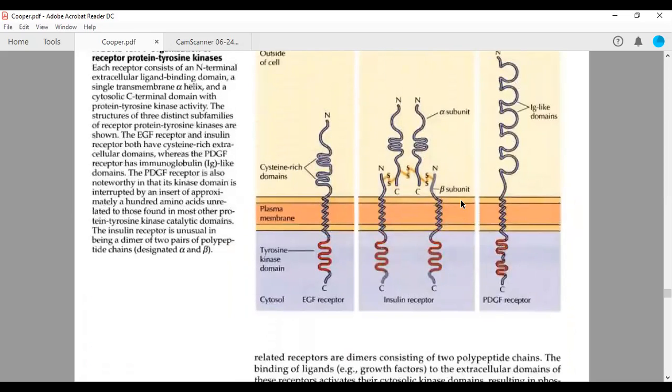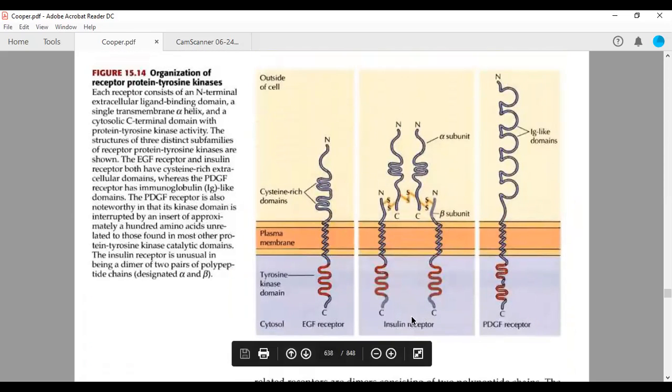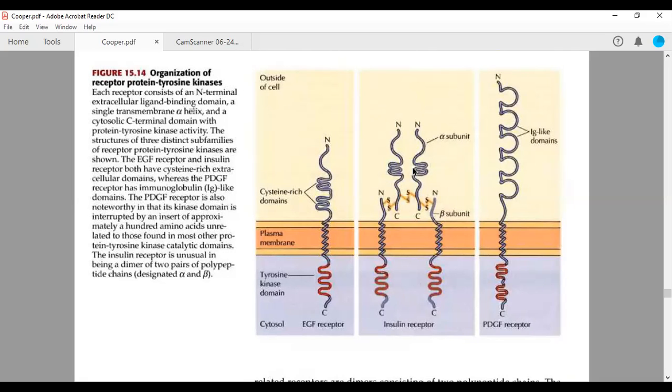Similarly, the insulin receptor is a receptor tyrosine kinase, and this direct question has been asked in many competitive examinations: the insulin receptor comes under which kind of family. It is a receptor tyrosine kinase. You should remember this. The second important thing to remember is that it has two chains, not a single chain. It is made up of two alpha and two beta.